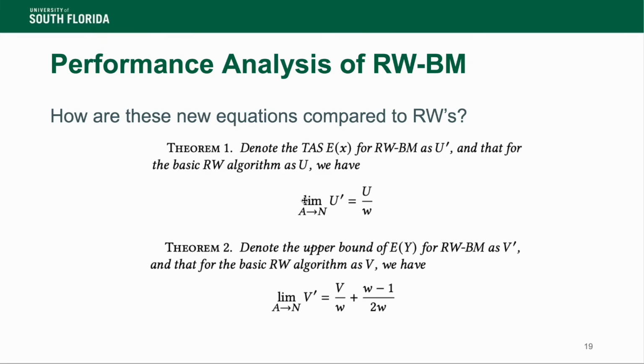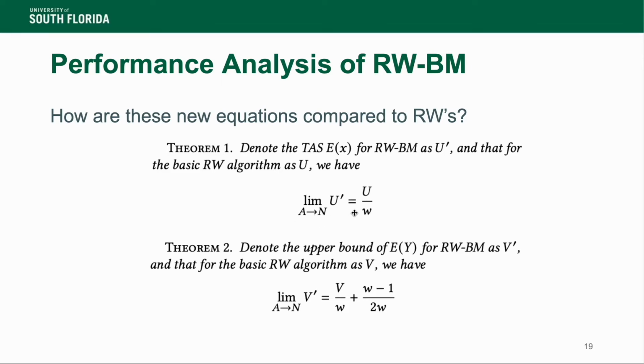The first theorem says that if we let U' be the TAS for the bitmap implementation and U that for the basic random walk algorithm, then the limit of U' is equal to U over W. Here W is the number of bits in a word, which is 32 or 64.